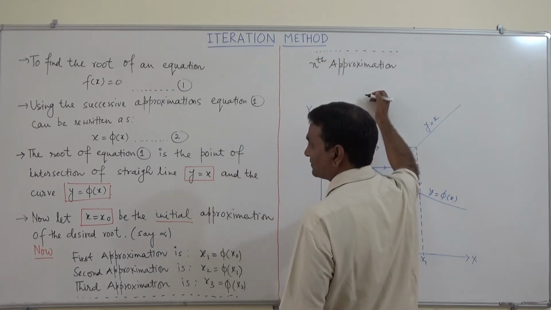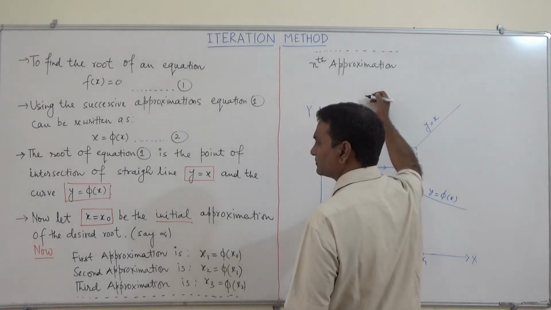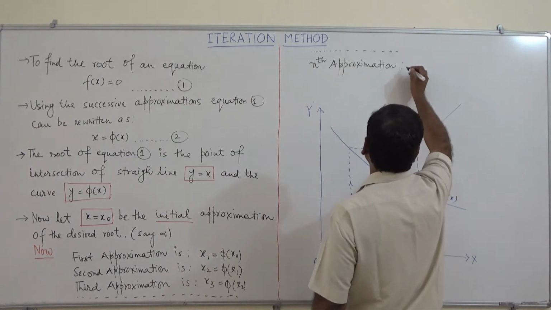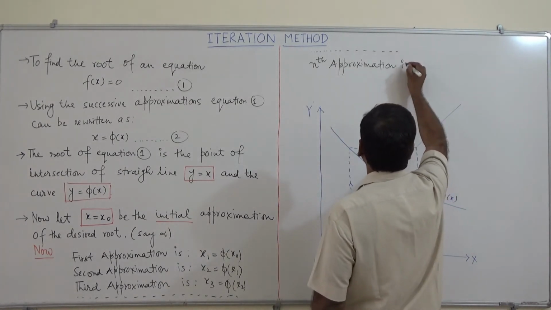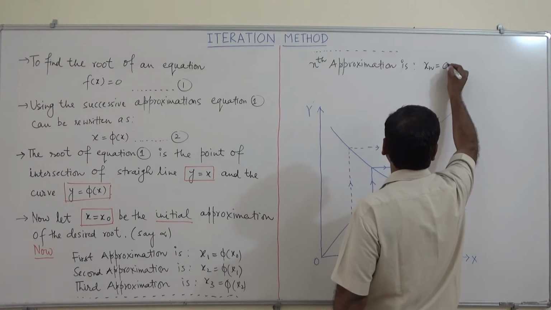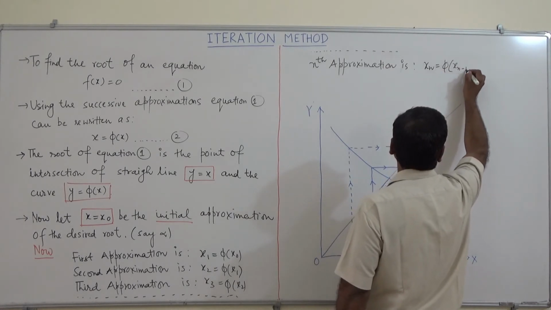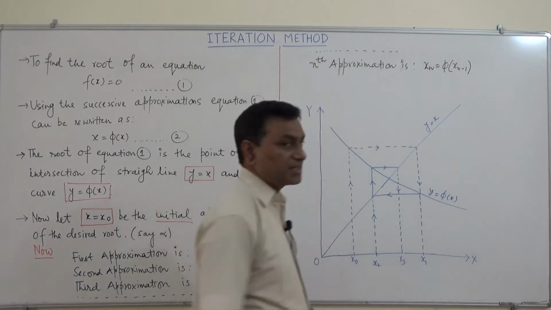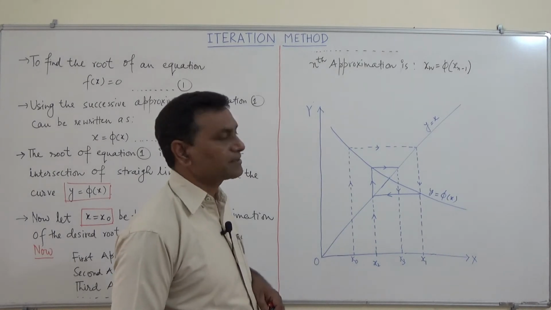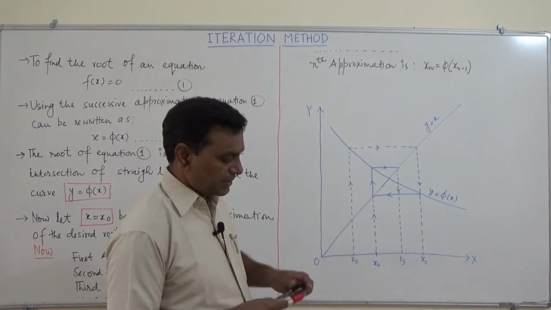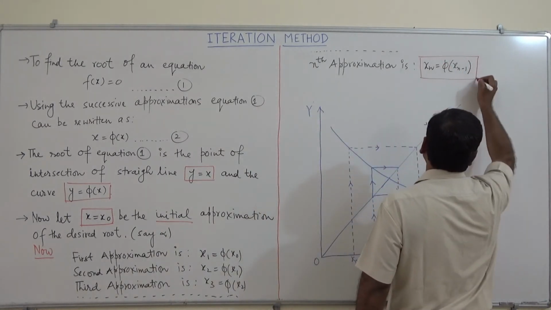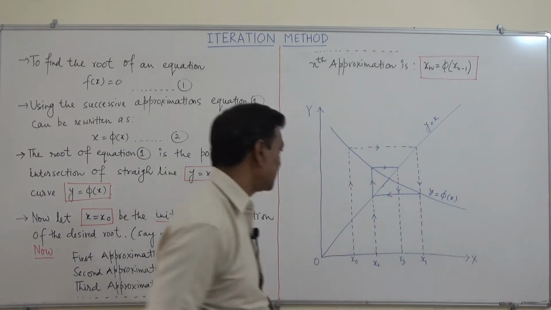The nth approximation is given by xn equals phi(xn minus 1). This is the generalization, and this is the formula by which we can find a particular approximation.